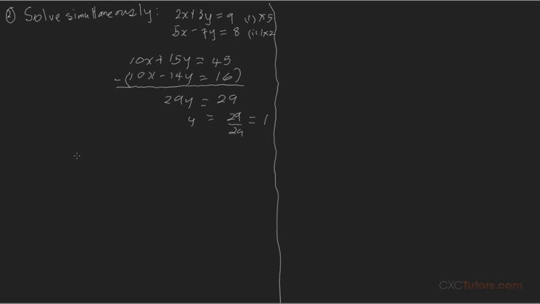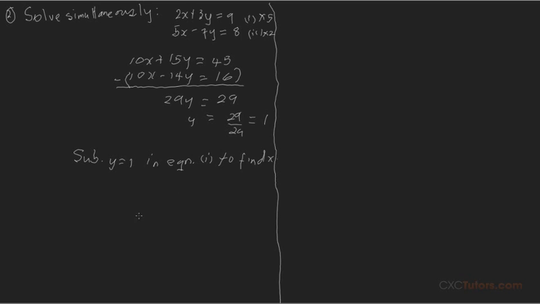At this point we're going to substitute y equals 1 in equation 1. It doesn't matter which of the two equations. EQN is a shortened form for equation. We substitute in equation 1 to find x.